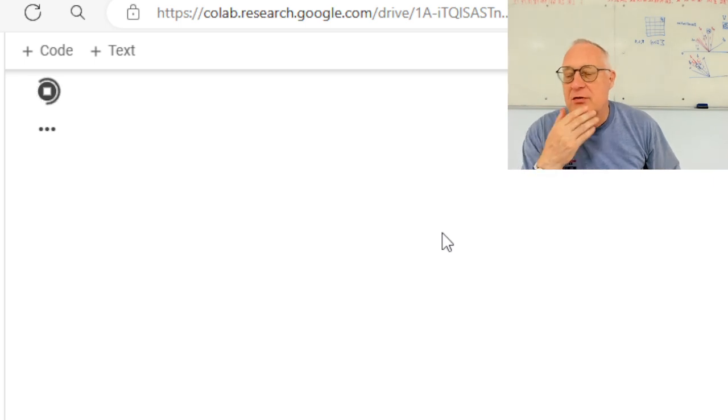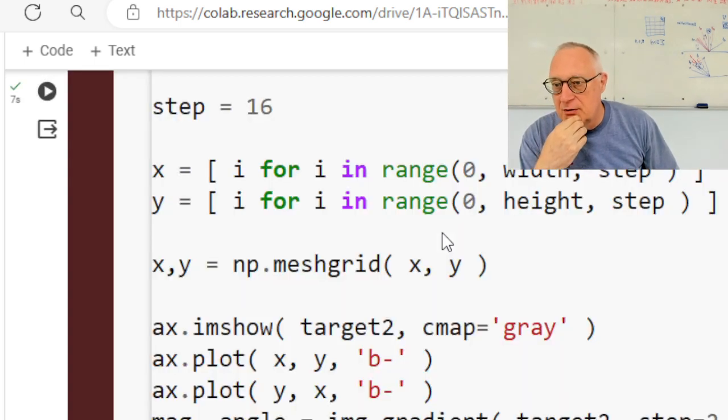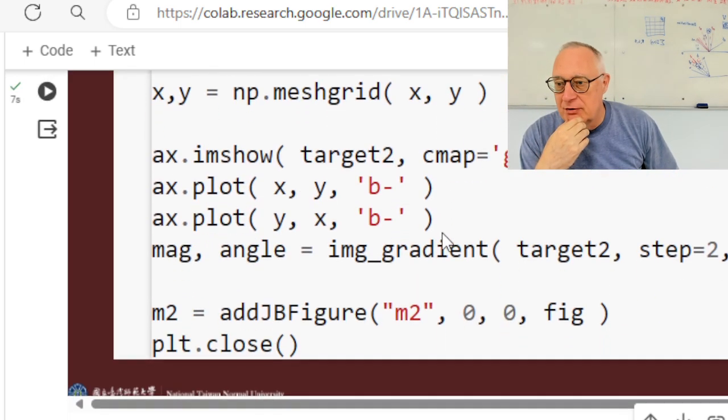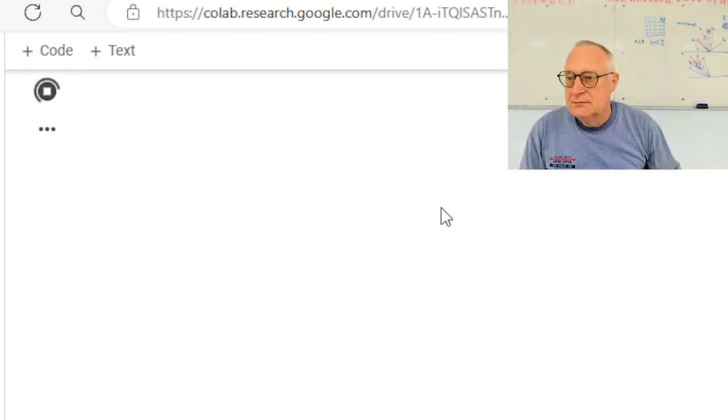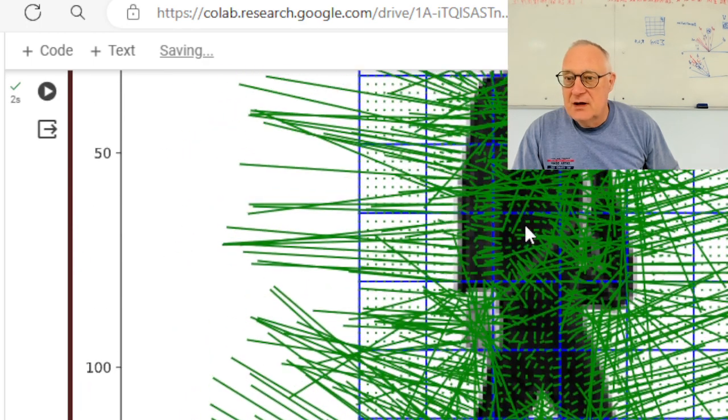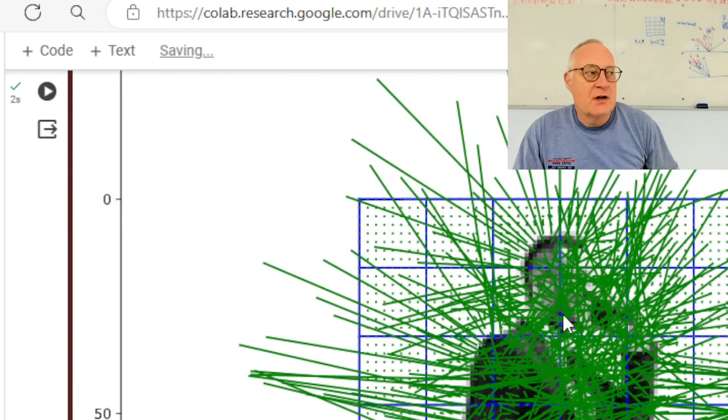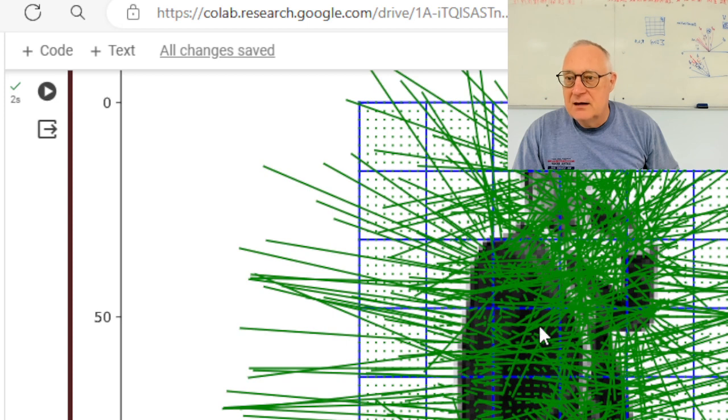But the reasoning steps are the same as what we used for the marathon markers. So here we have the gradient information for a single person with slightly more resolution. And then in order to detect them, I break down the area for each person into these cells.